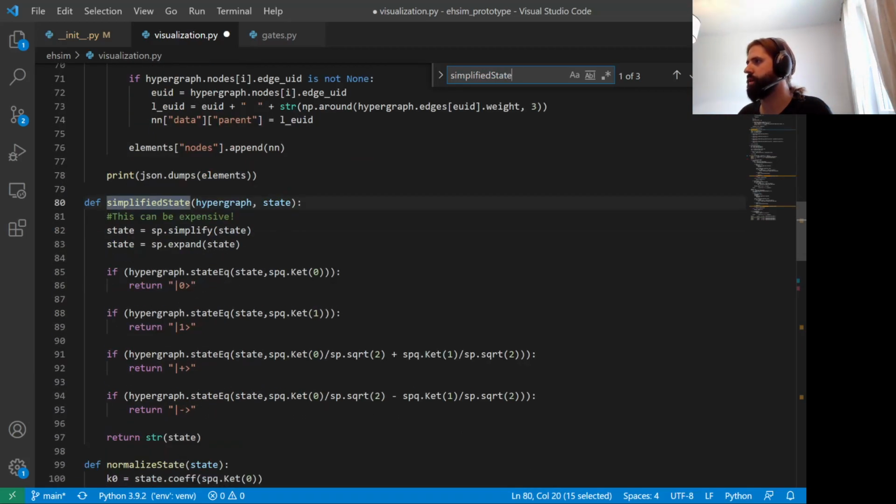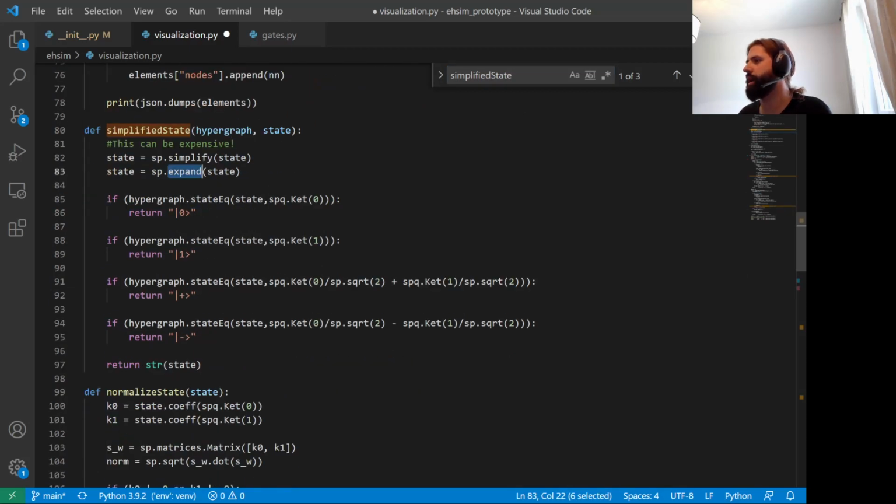Say simplify expand. Why am I expanding it? That's just stupid. Why? I shouldn't simplify and expand. I should simplify.